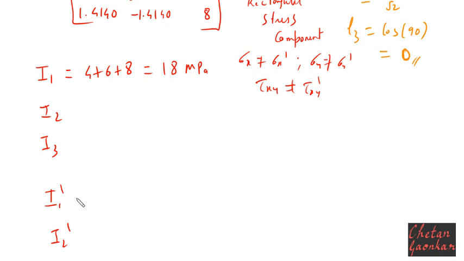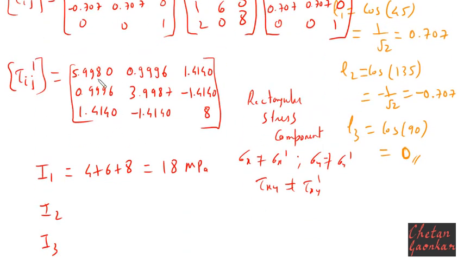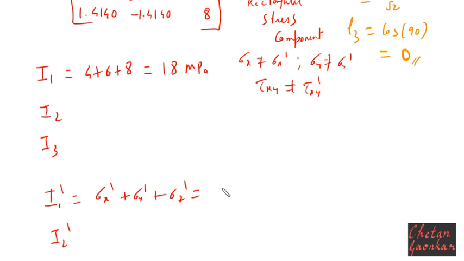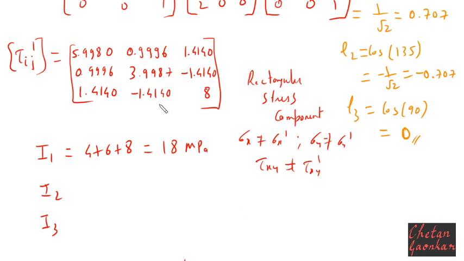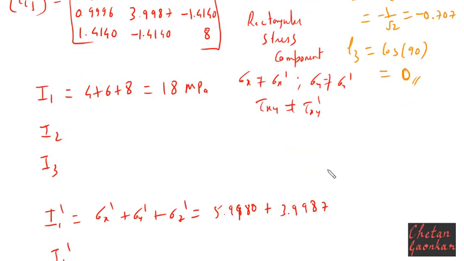And then what about I1 dash? This is nothing but sigma x dash plus sigma y dash plus sigma z dash. So basically from here I get 5.9980 plus sigma y dash, which is 3.9987, plus 8.